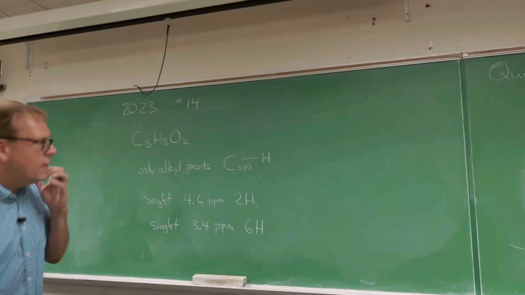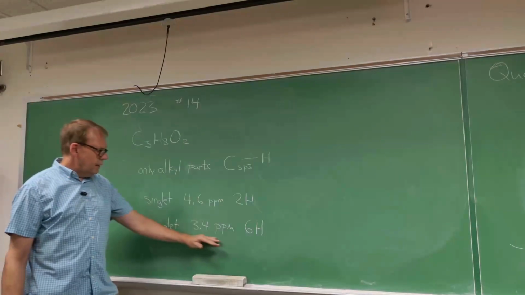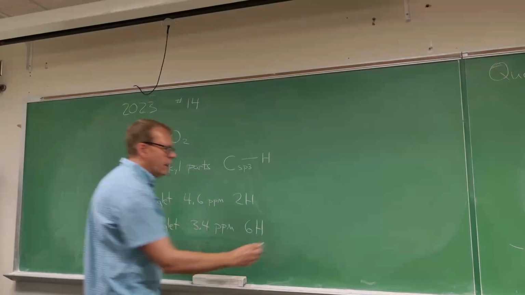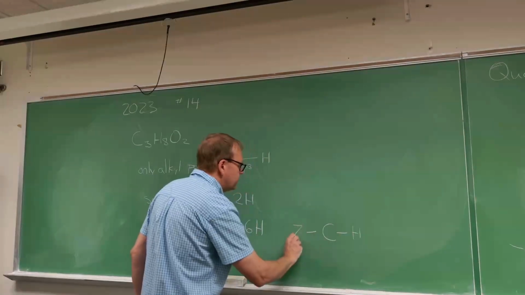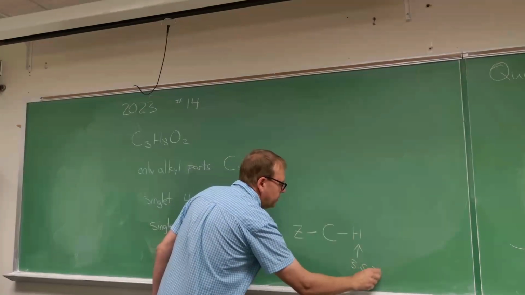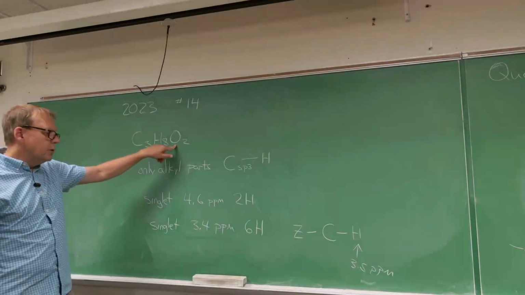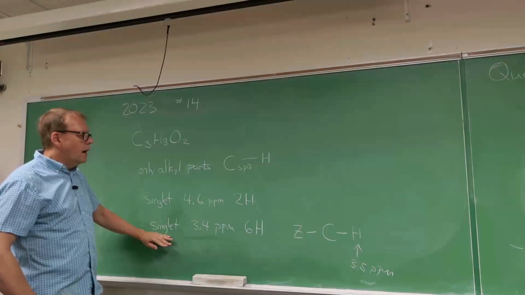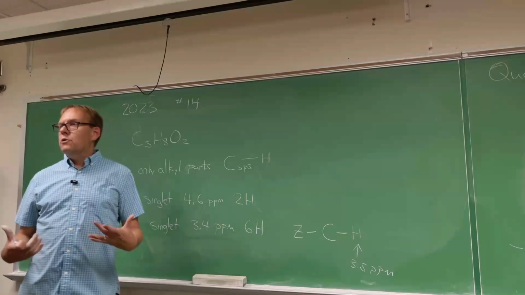So when I look at that part per million region, I think this is a region of the spectrum where it's probably a proton on a carbon that has some kind of electronegative Z group. That puts these in this 3.5 part per million region. And we happen to have oxygens in this molecule, so I think the protons represented by this singlet are probably on a carbon attached to the oxygen. And there's 6 of them.